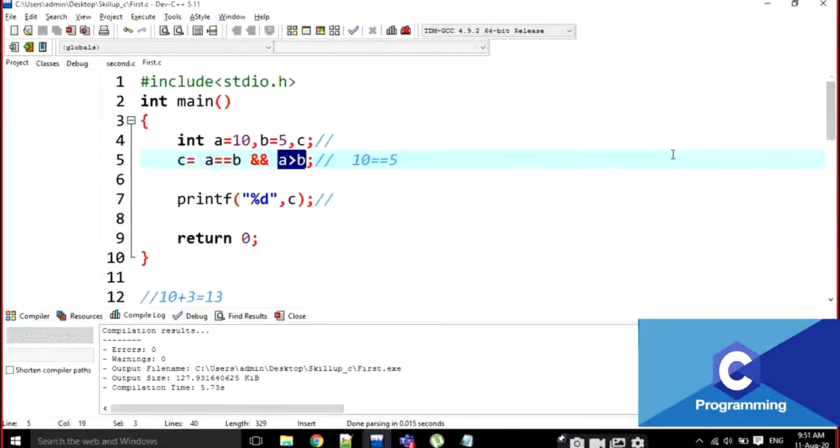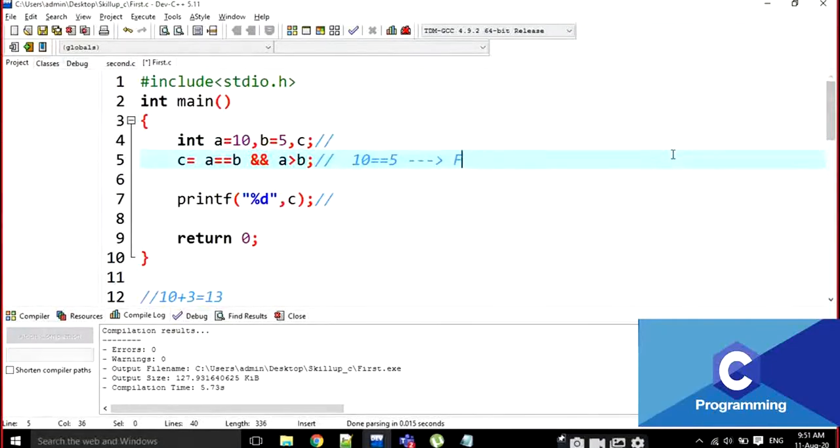That means this is false, then the result is written as false. That's it, nothing else. It is not checking the next one. That is the difference between the previous example and this example. I will show you.